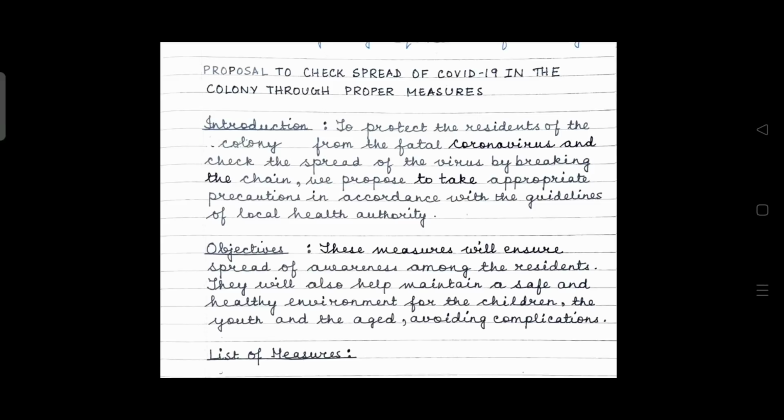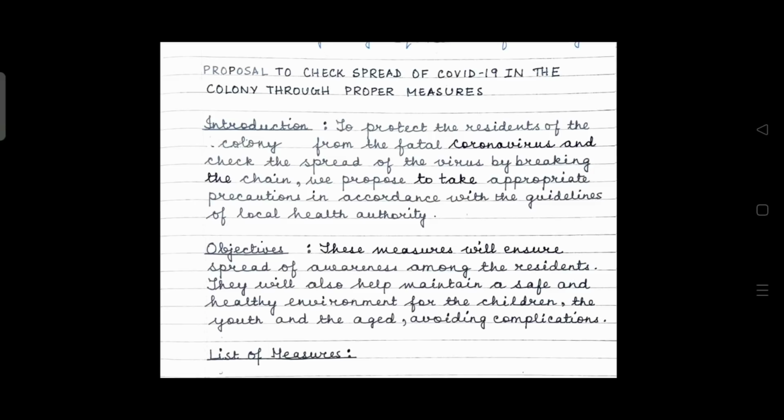Next, leave one line, write two objectives. These measures will ensure spread of awareness among the residents. And then the second objective, they will also help maintain a safe and healthy environment for the children, the youth and the aged, avoiding complications.